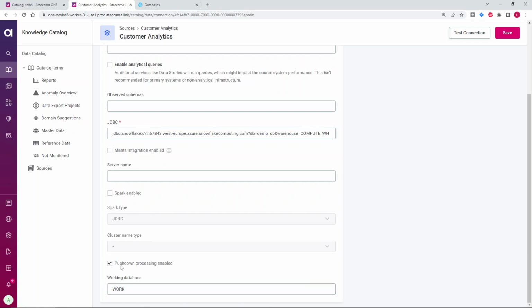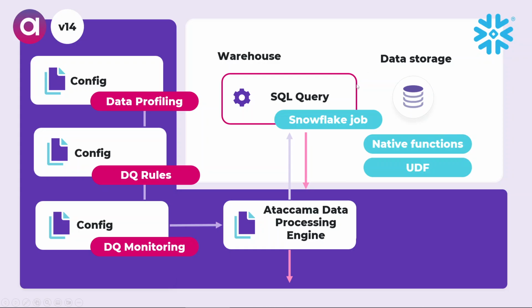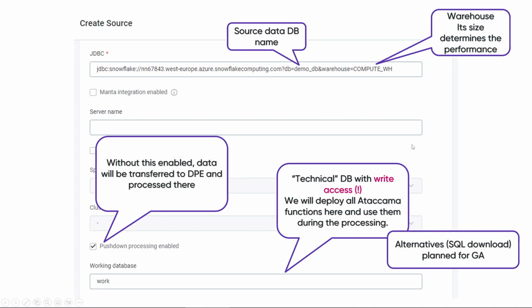We also need to have here a working database, and the working database is the place that we are using for storing the user-defined functions and some other artifacts. As I was mentioning, the user-defined functions need to be stored somewhere, so this is exactly the place.